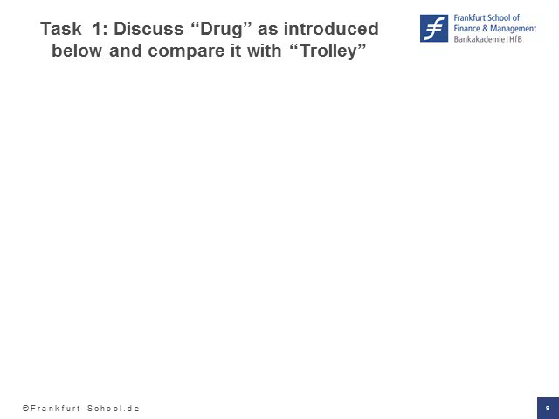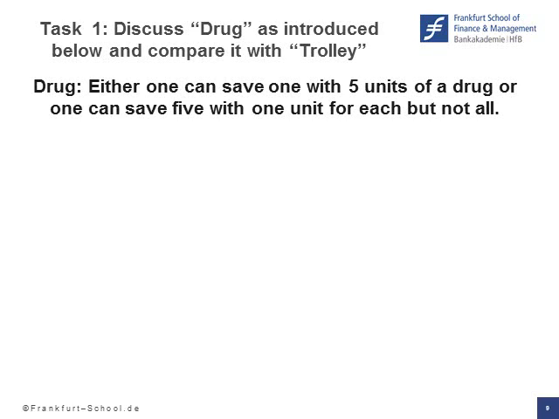To get a better handle on this, let's discuss the following variant of trolley. It's called drug. Either you can save 1 person with 5 units of a drug. This is a drug guzzler who needs all the 5 units. Or you can save 5 individuals with 1 unit each.